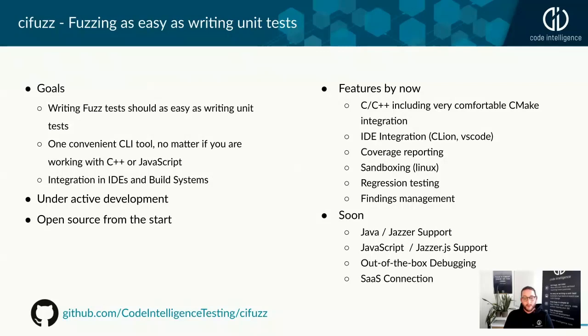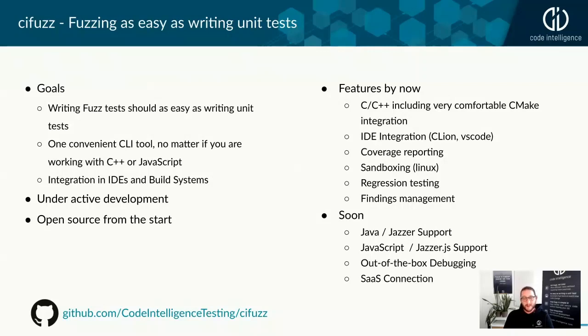So what is our goal with CI Fuzz, the tool we are actively developing here at Code Intelligence? Usually fuzzing requires a lot of setup and knowledge about how to use these fuzzers, and it's not super convenient to get started there. The goal with CI Fuzz is to make it easier for you.